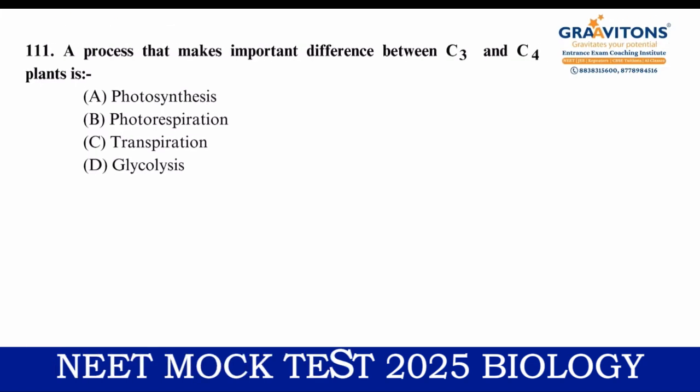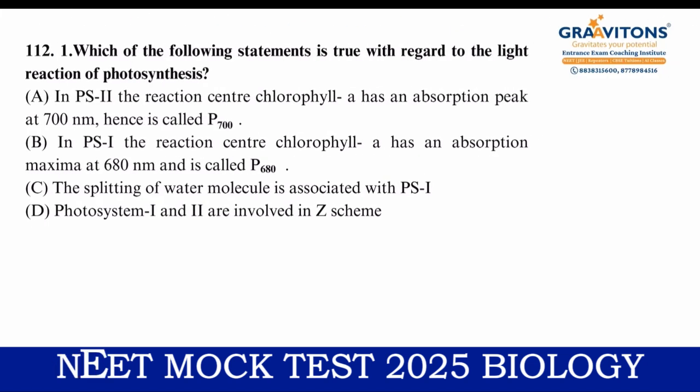And next question, a process that makes an important difference between C3 and C4 plants. Direct factual question: photorespiration. The next one, which of the following statements is true with regard to the light reaction of photosynthesis? We are going to verify all the statements.